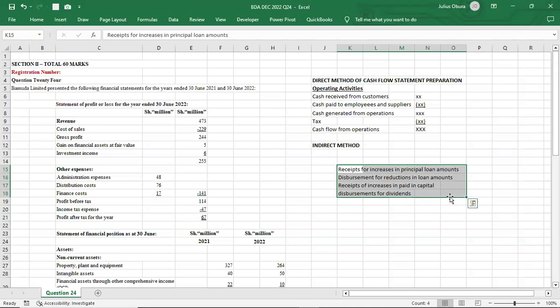Generally, cash flow from financing activities deals with loans and issue of shares. When the company acquires a loan, it is acquiring financing, or in other words, it is acquiring capital to finance its activities.